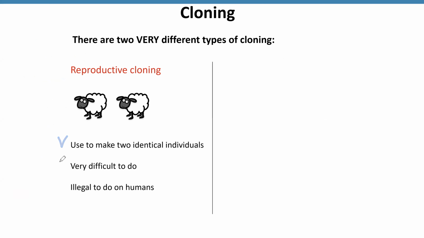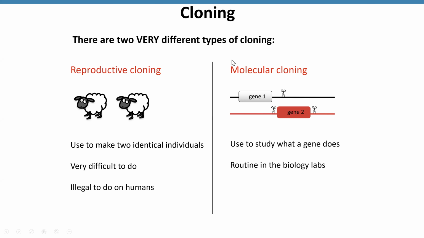It's very difficult to do, and it's illegal to do to humans. And there is molecular cloning. We use molecular cloning to study what a gene does, and it's used very often, routinely, in biological labs.